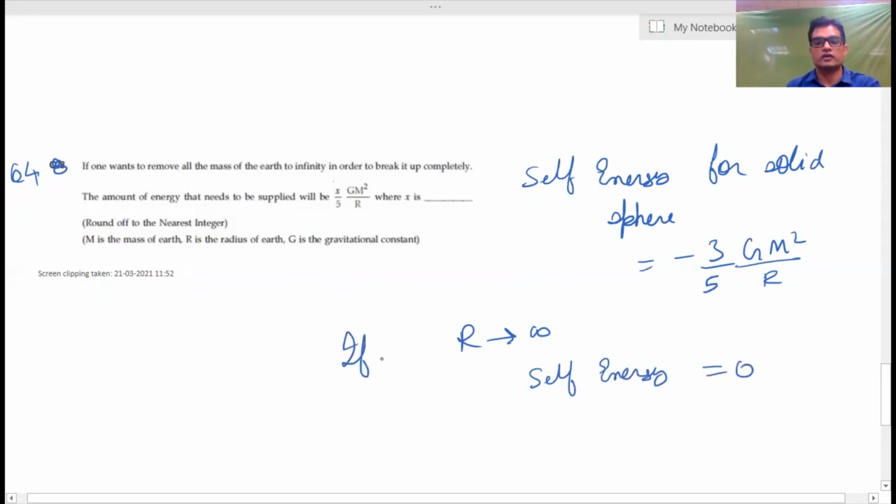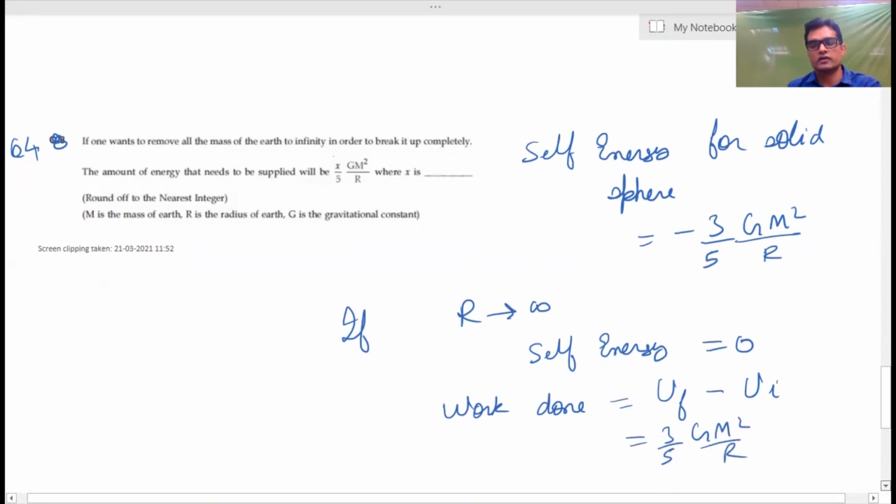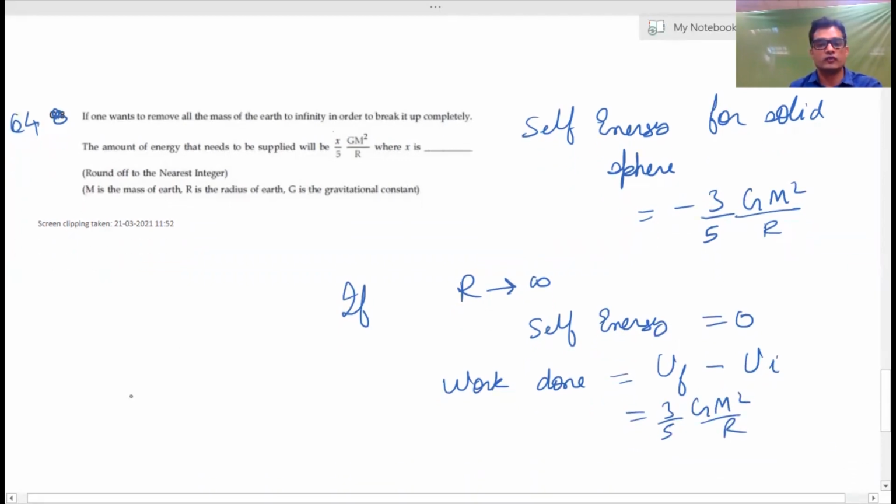So the work done will be final self energy minus initial self energy, and it is coming out to be 3 by 5 GM square by R. And from this we can say that the value of x will be equal to 3.